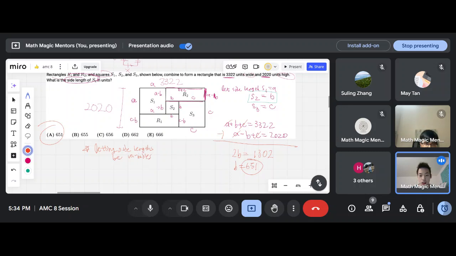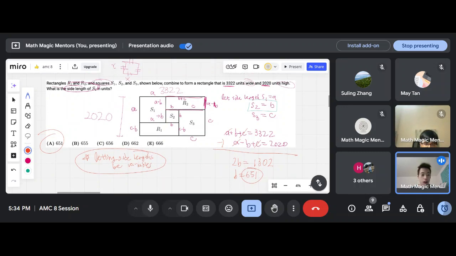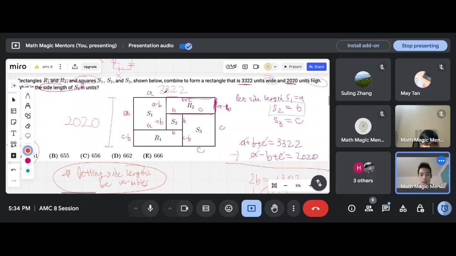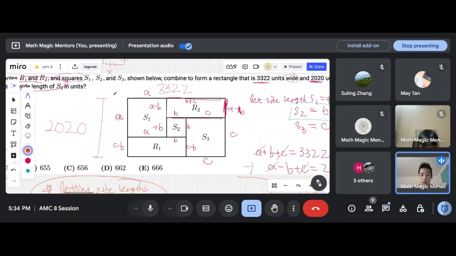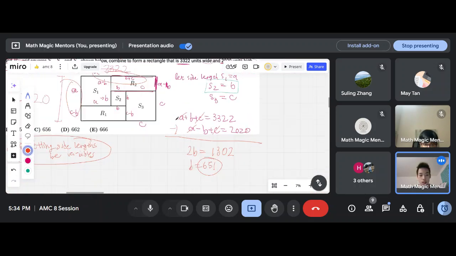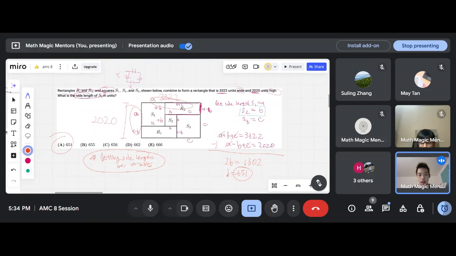So that's one key strategy that we used, and that enabled us to solve the problem effectively for what we want to find. In this case, S2 equals B, and we basically formed equations out of the side lengths that we eventually wrote in terms of the side lengths of the squares. And so we formed equations and we solved for B, and that got us our answer. Cool.